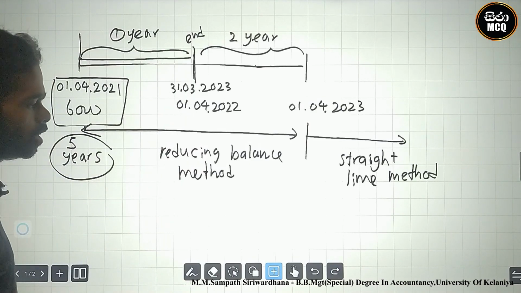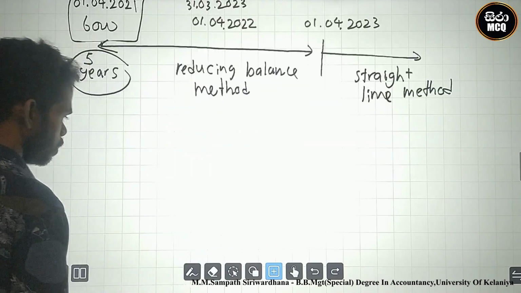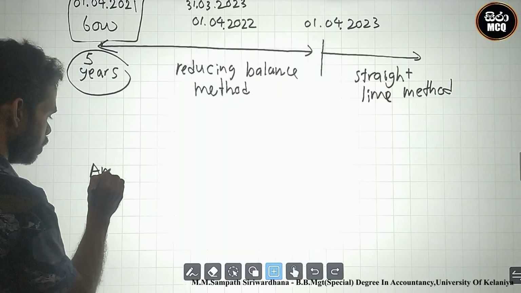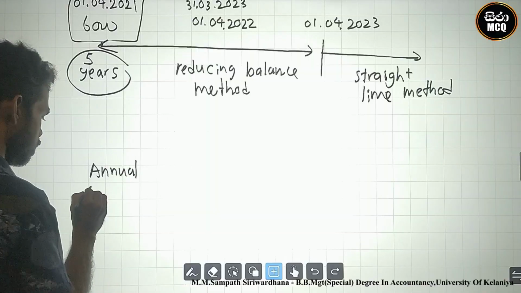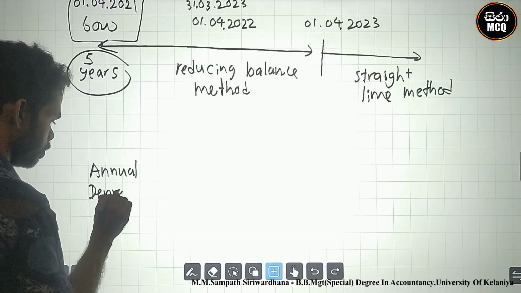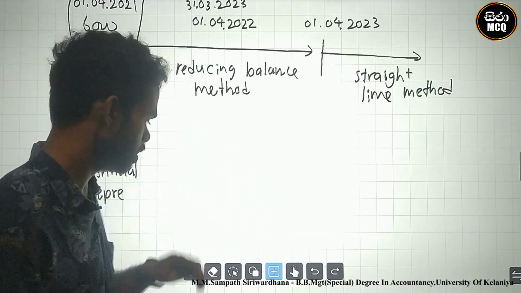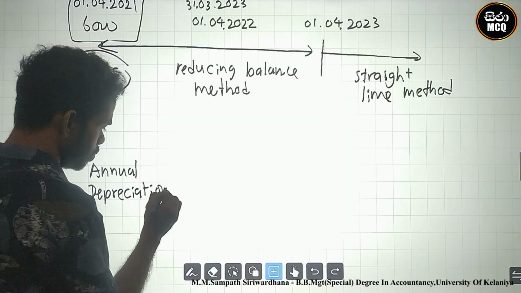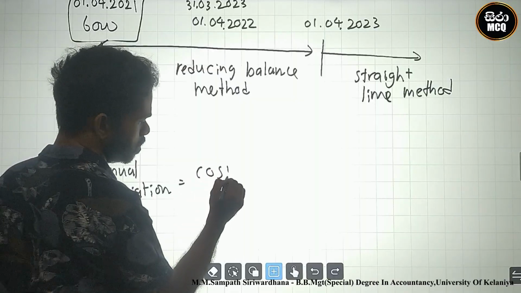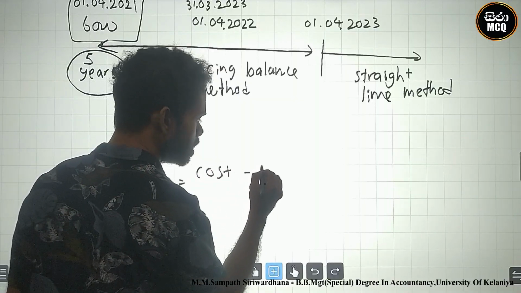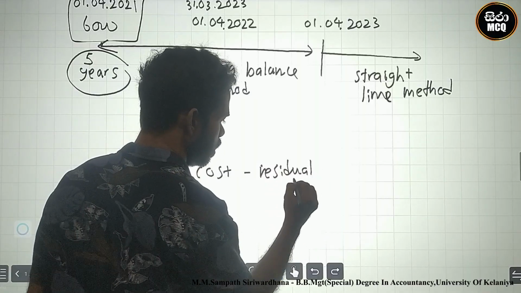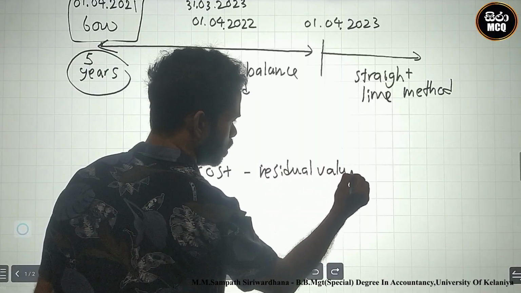Okay, how can we calculate? What is the method? Reducing balance method. How can we calculate annual depreciation using the reducing balance method? Depreciation is cost minus residual value, then the percentage.